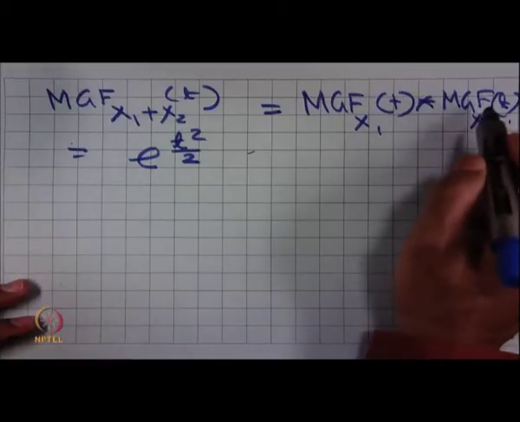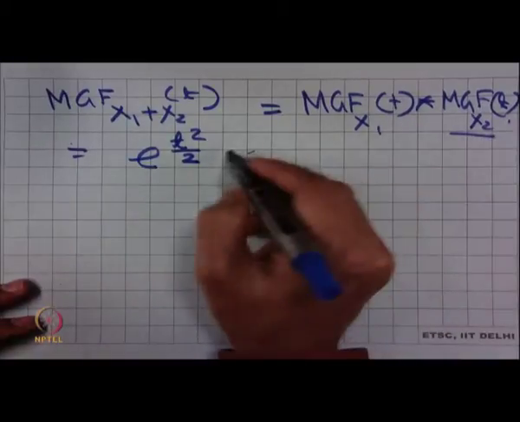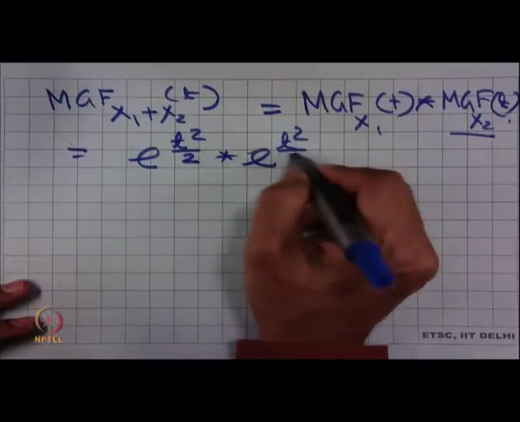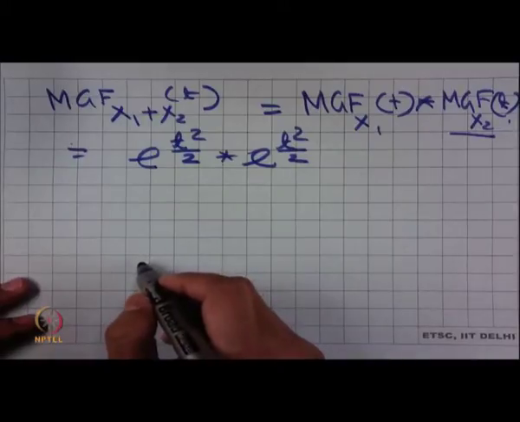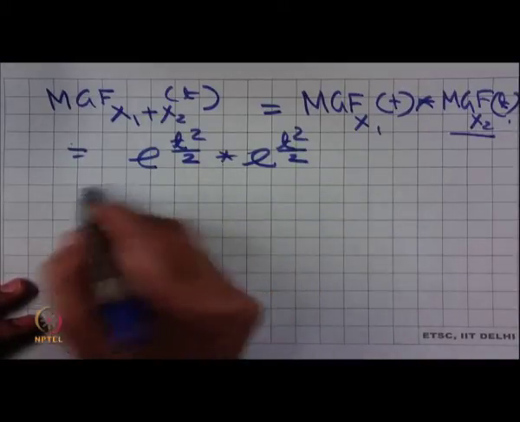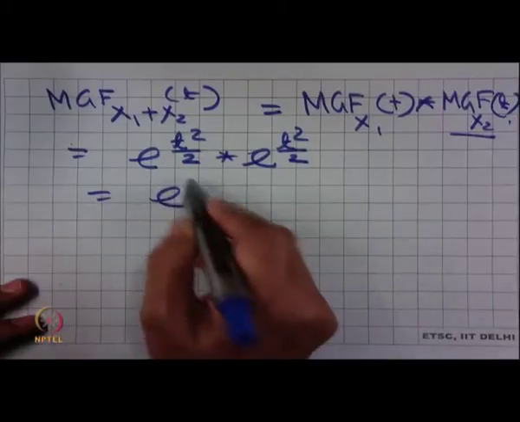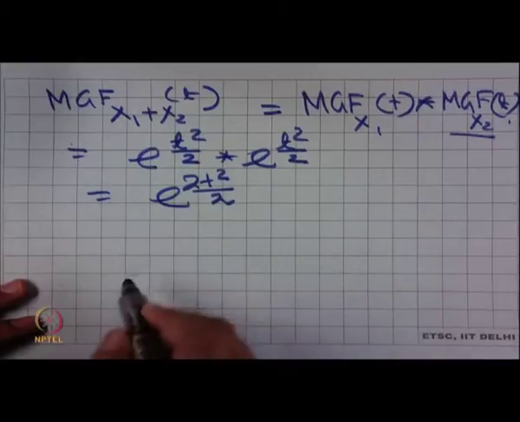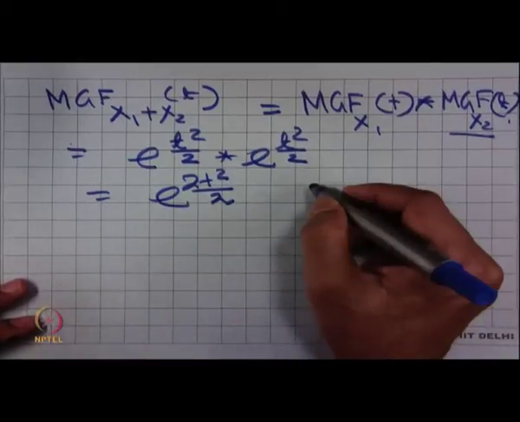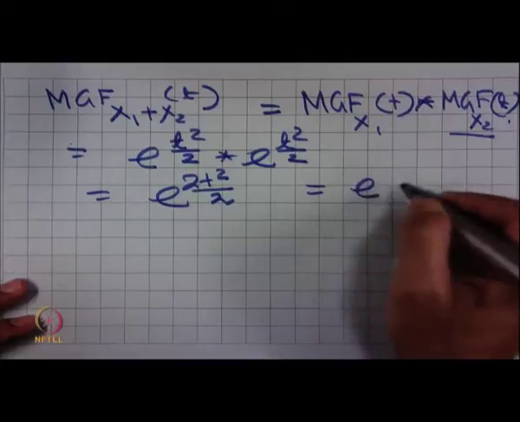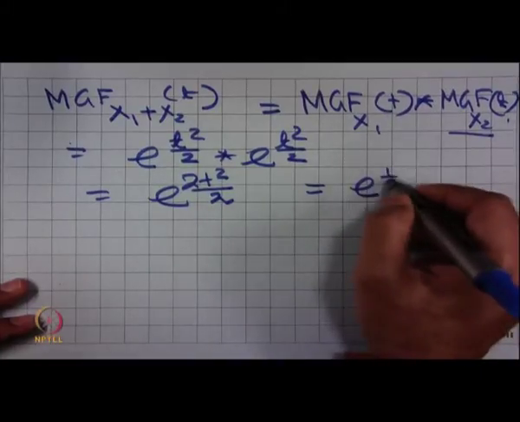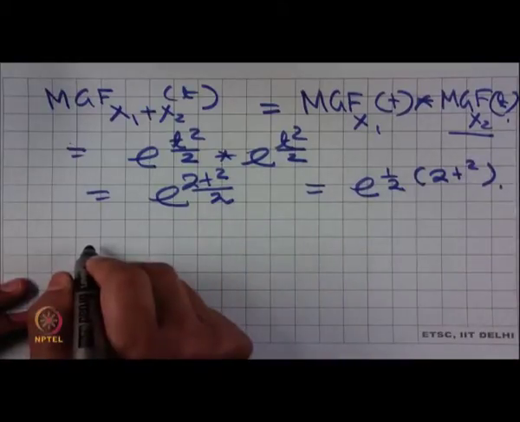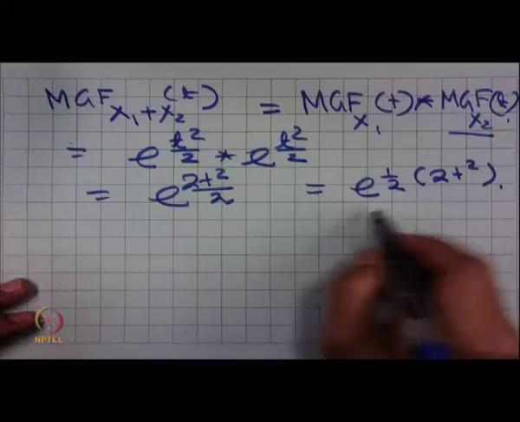Similarly, MGF of x 2 is e to the power t square by 2. Therefore, this is equal to e to the power 2 t square upon 2, which is equal to e to the power half into 2 t square.